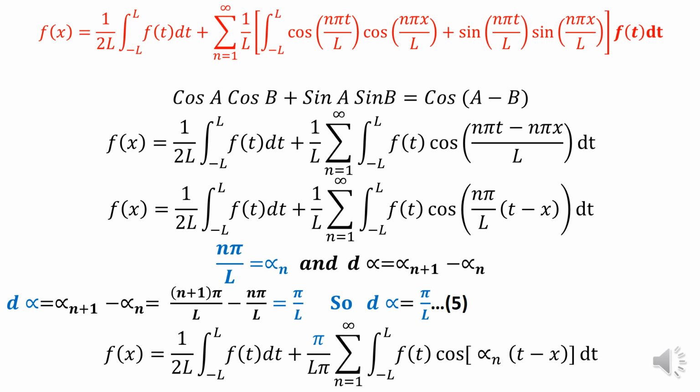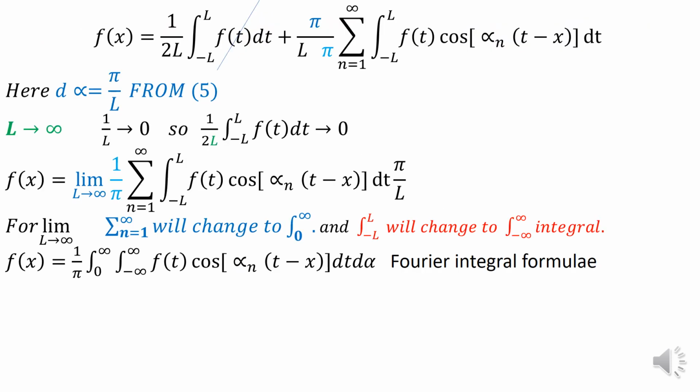So summation n = 1 to infinity, the same formula, nothing changes. Only thing is I have replaced this n pi/l as alpha n, and I have changed this form deliberately by multiplying and dividing by pi.